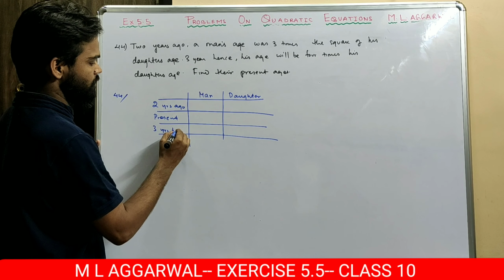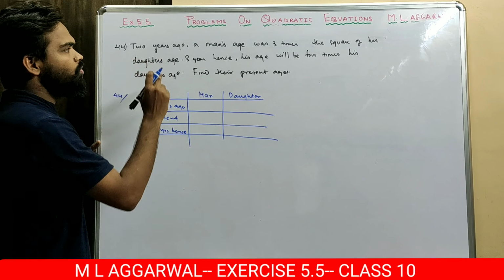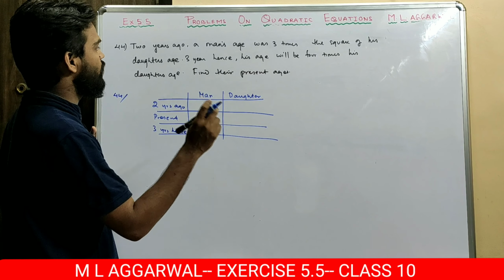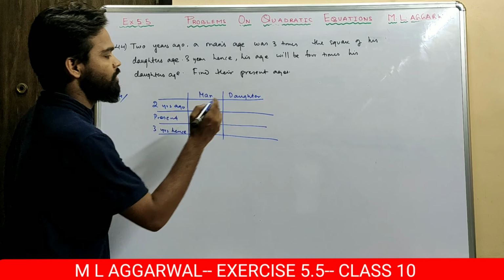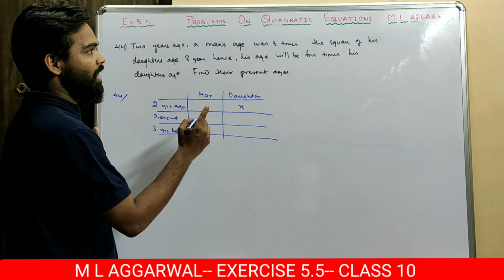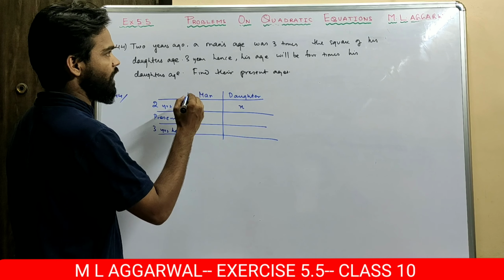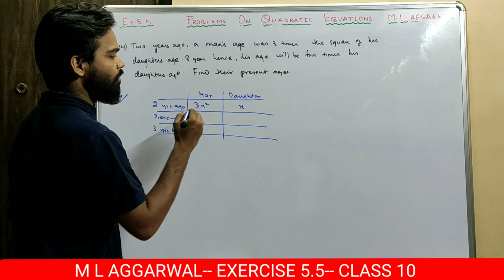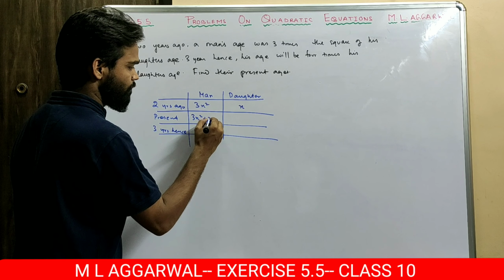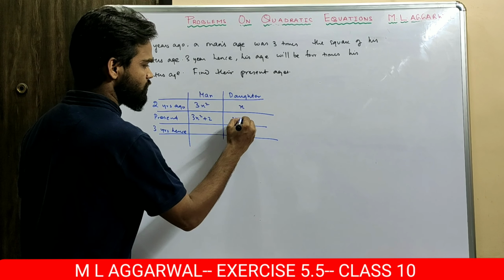3 years hence. Now, 2 years ago, a man's age was 3 times the square of his daughter's age. So 2 years ago, let the daughter's age be x. So the man's age is 3 times the square of the daughter's age. Now the present age will be 3x squared plus 2, x plus 2.